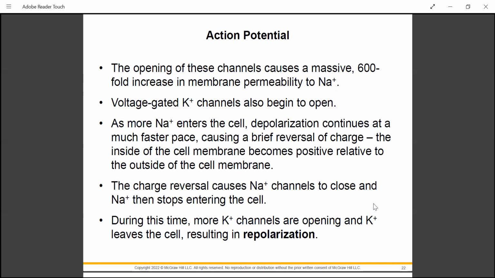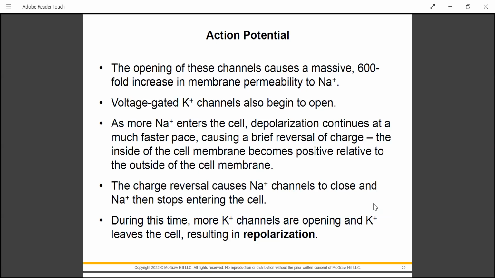And so eventually we're going to hit a point where that triggers our potassium channels to open. So now we have sodium coming into the cell, and we're going to have potassium starting to go out of the cell. As potassium goes out of the cell, that begins to reverse our charge. That charge reversal, as we're going back negative, is going to cause our sodium channels to close.